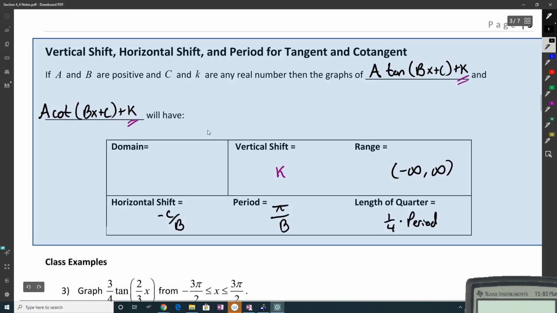All right. The domain changes for tangent and cotangent. We got a different one for tangent, a different one for cotangent, and I could put fancy equations, but really all you do for these is create your box.